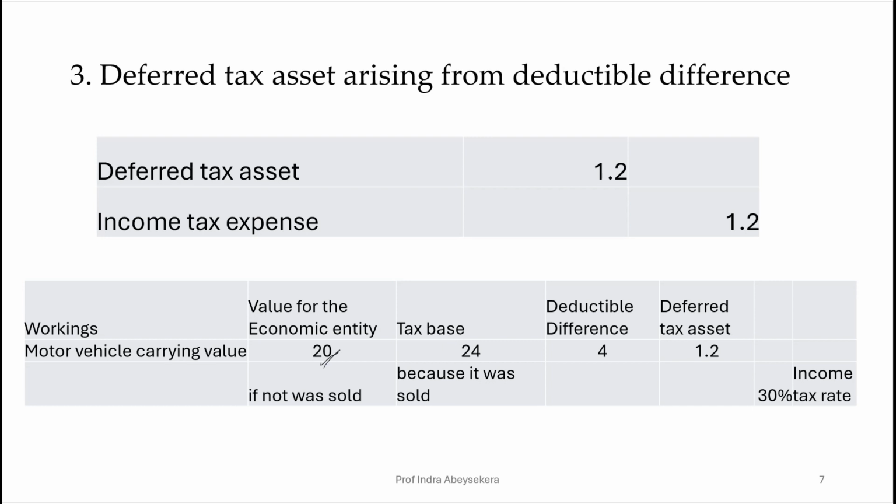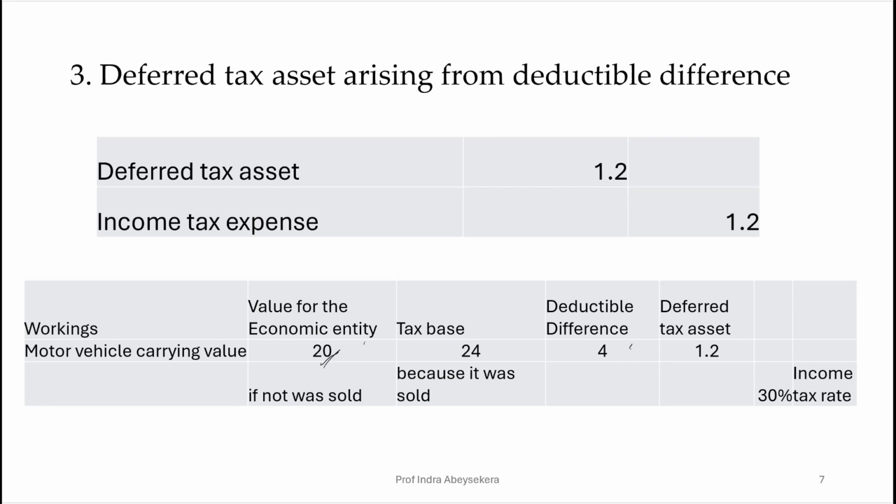The tax base increased to $24,000. So here the tax base is more than the economic entity carrying value by $4,000, and it's an asset. And therefore, that difference is a deductible difference because the tax base is more than the carrying value.